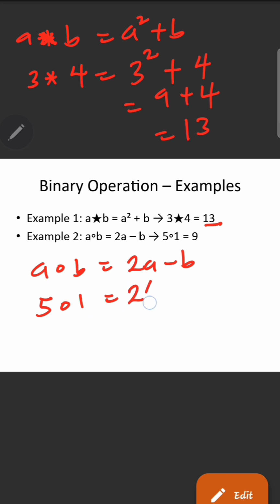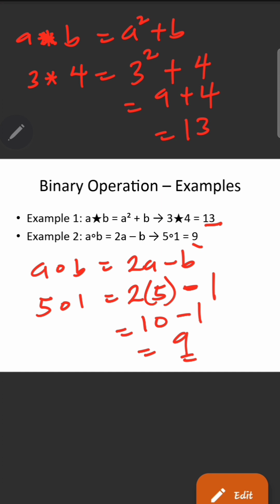So 2 into brackets A. Our A is 5, minus, our B is 1. So we have what? 10 minus 1. That gives us 9. I believe you get that.